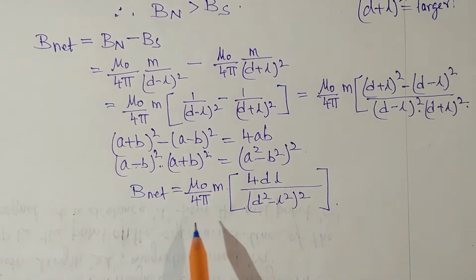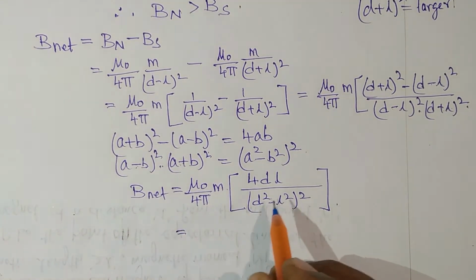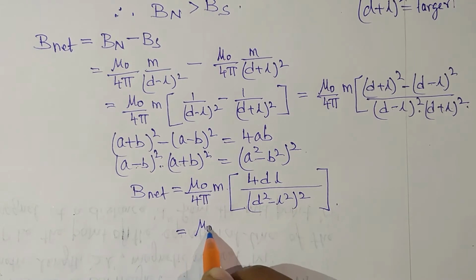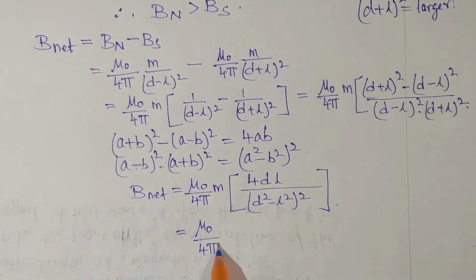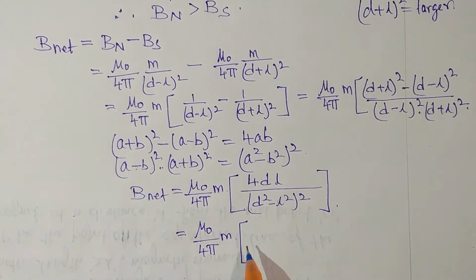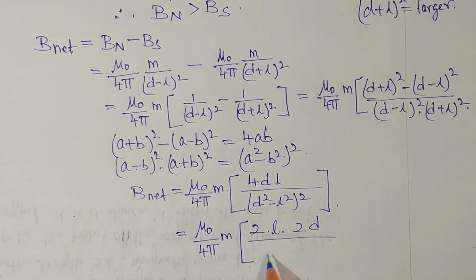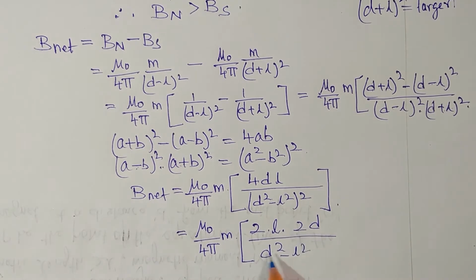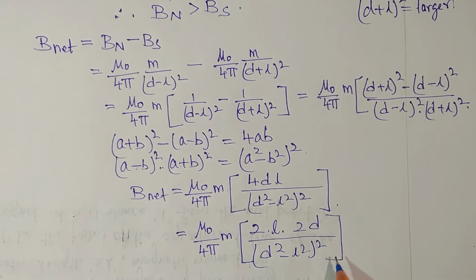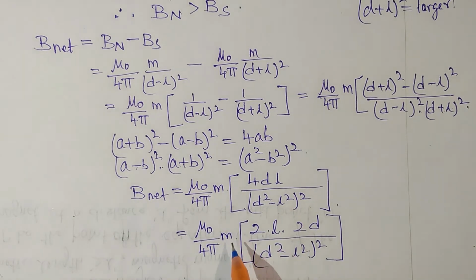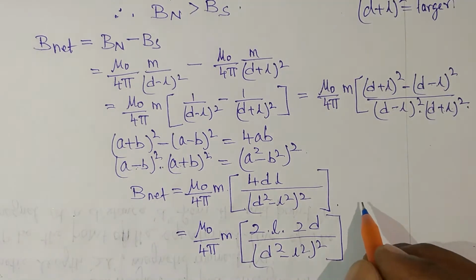So now to further simplify this, I will rewrite this formula in this way. I can write mu naught by 4 pi m into 2 into L into 2d, whole divided by (d square minus L square) whole square. Now why I have written like this: the product of pole strength and the magnetic length is called what? Magnetic moment.